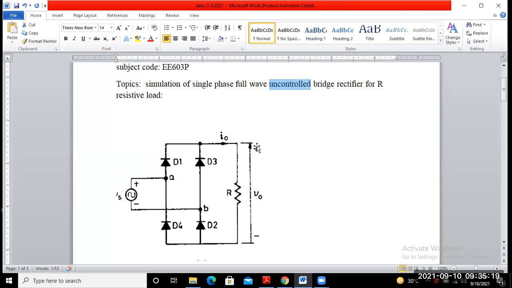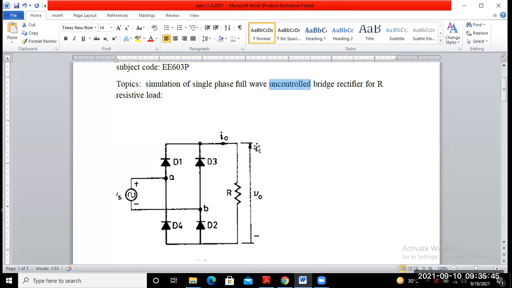What is the difference in a controlled rectifier? If we take an overview, we have to use power electronics devices whose conduction mode can be controlled.